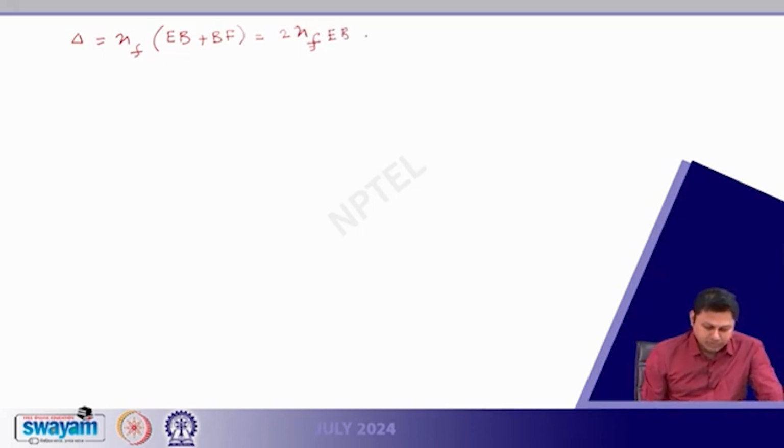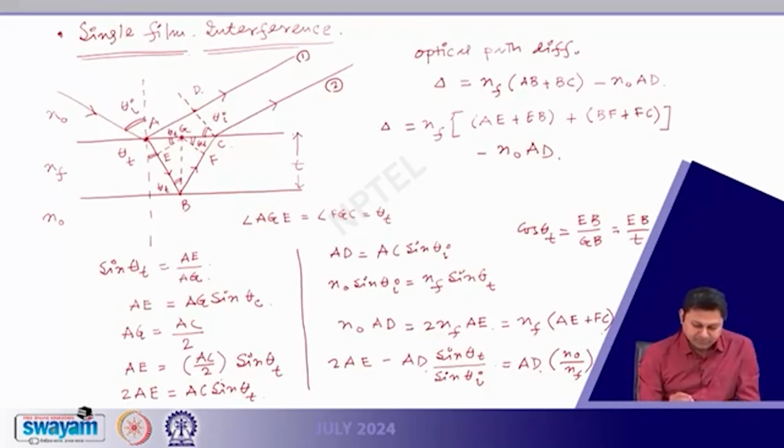So EB plus BF means this is EB and BF. EB and BF, they are same.